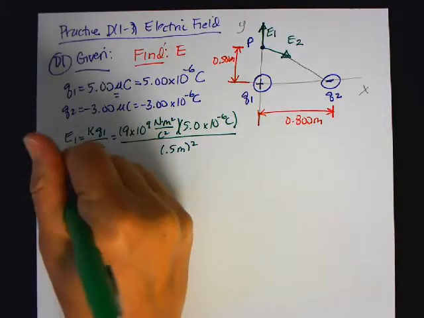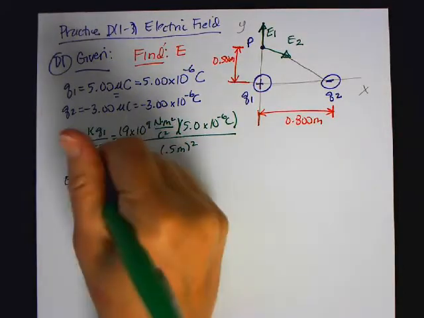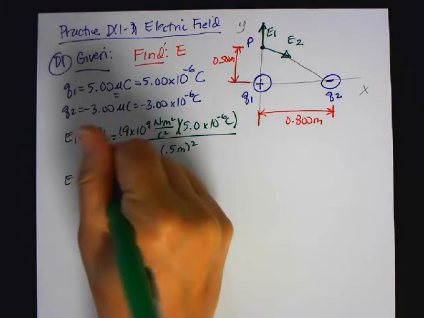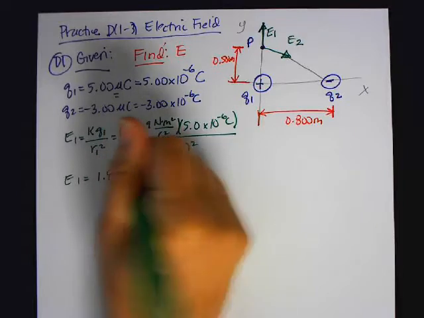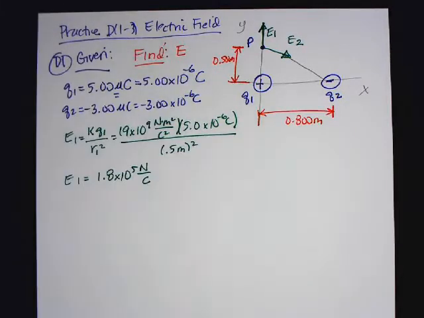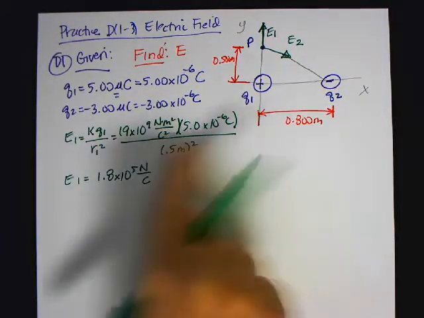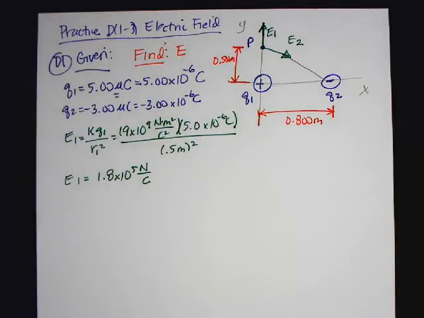So when I do all that on my calculator, E1 comes out to be 1.8 times 10 to the 5 newtons per coulomb.